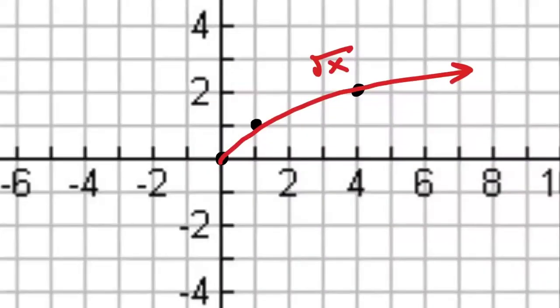So then I'm going to take this point, count 1, 2, 3, 4, 5, and then go up 3, 1, 2, 3. Put a dot right there. Then I'm going to take this one right here, same thing, 1, 2, 3, 4, 5. Go up 3, 1, 2, 3. Put a dot.